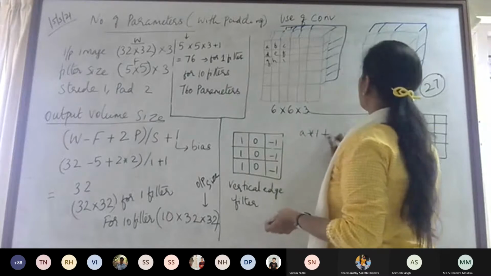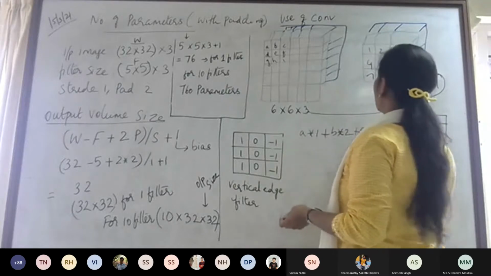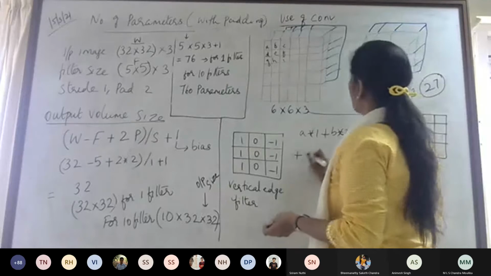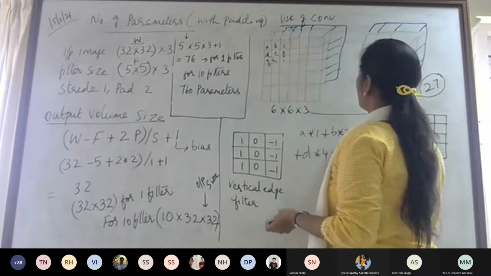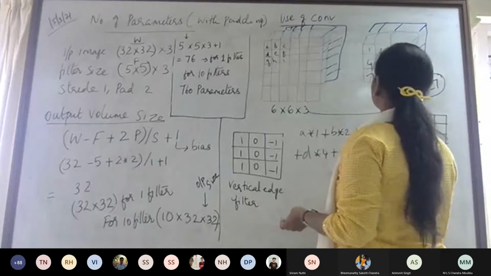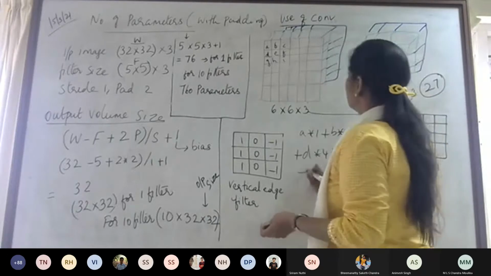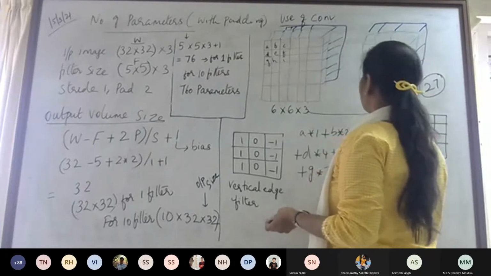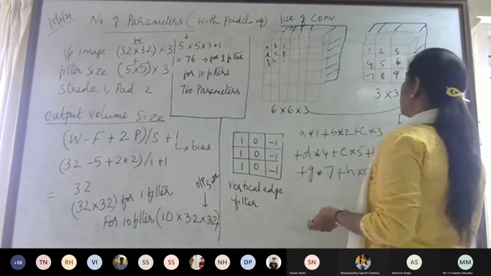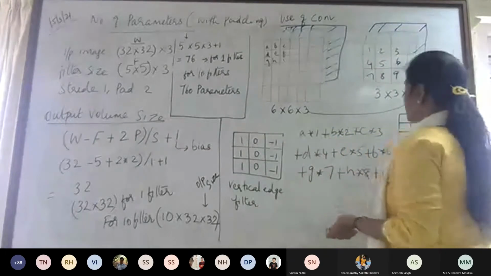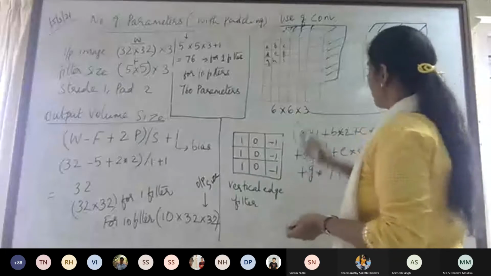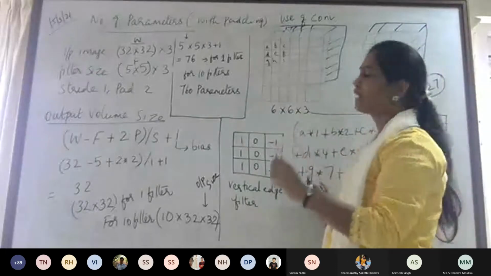A into 1 plus B into 2 plus C into 3 plus D into 4 plus E into 5, F into 6 plus G into 7 plus H into 8 plus I into 9. So this operation will happen and you will get a single value.